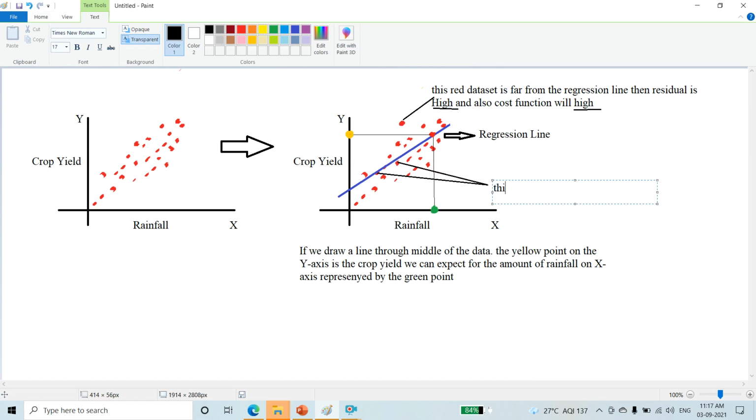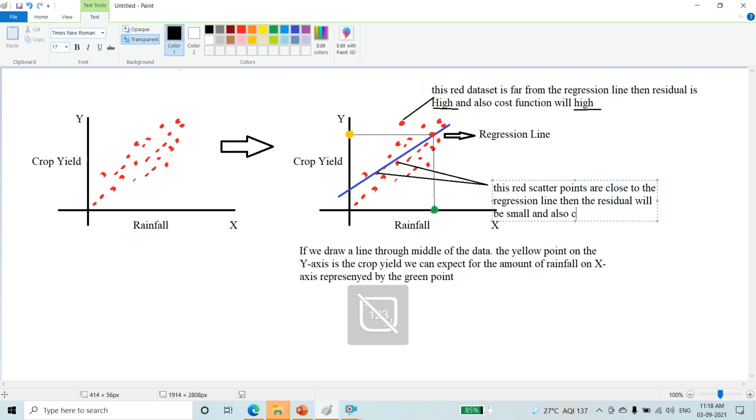So these red scatter points are close to the regression line, then the residual will be small and also the cost function will be small.